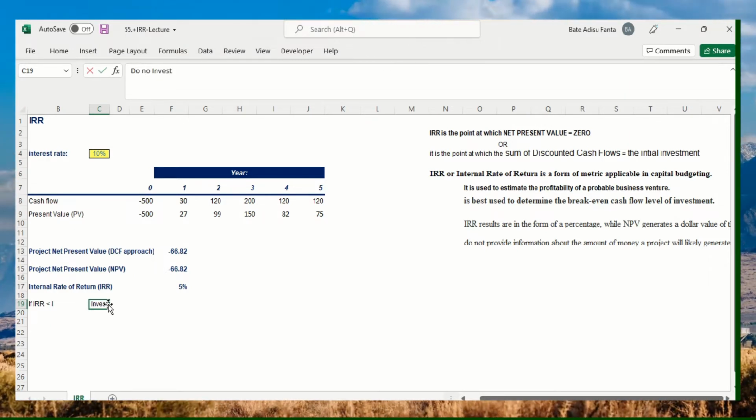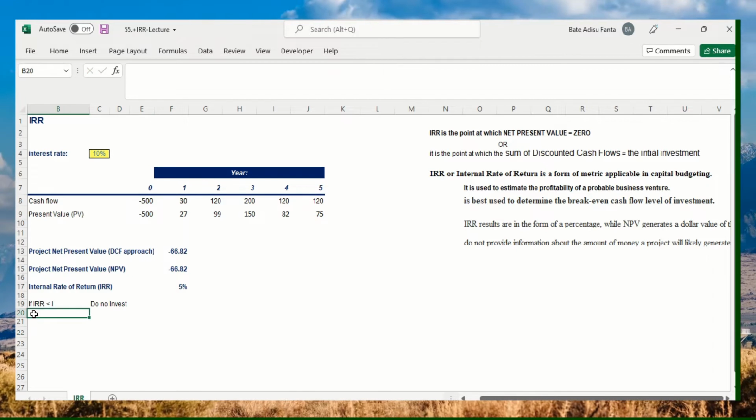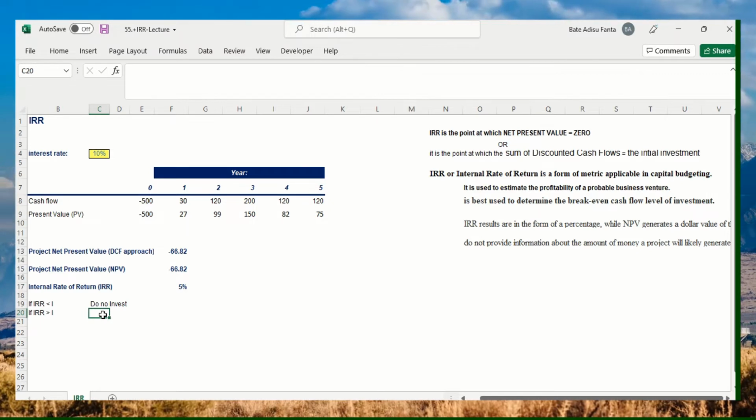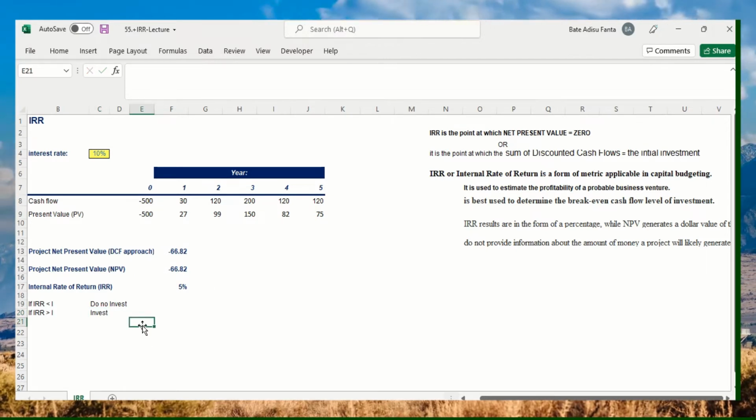Do not invest. And if IRR, or the internal rate of return, is greater than the initial cost of capital or interest, we go for investment, or invest.